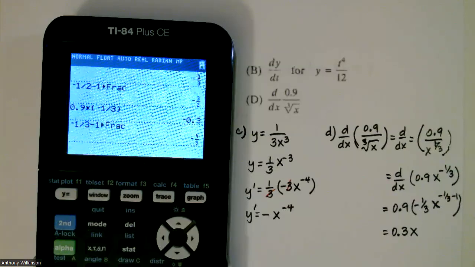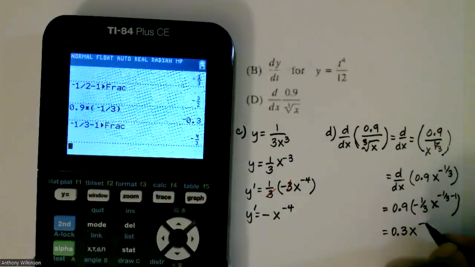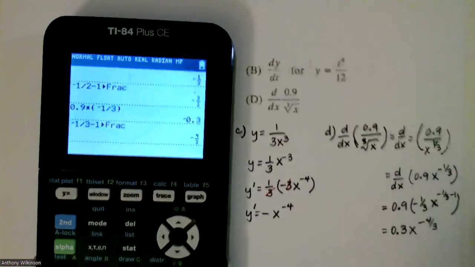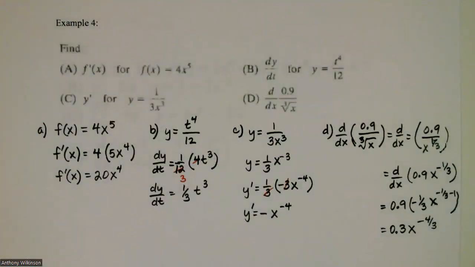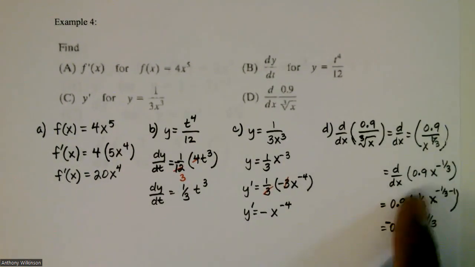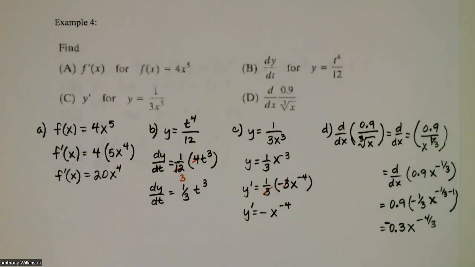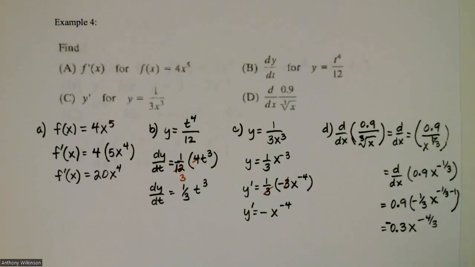It would be negative 4/3. So that derivative will end up being 0.3, and I left off the negative sign. It should be negative, because 0.9 times negative 1/3 will be negative 0.3 times x to the negative 4/3. Okay. So that's how we use the constant multiple property to find derivatives of functions.